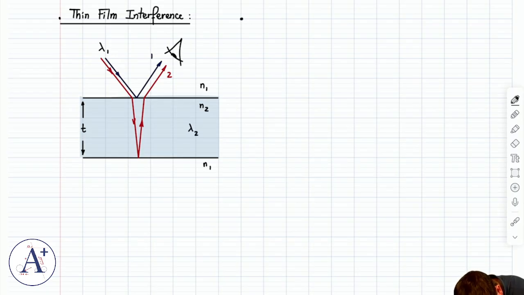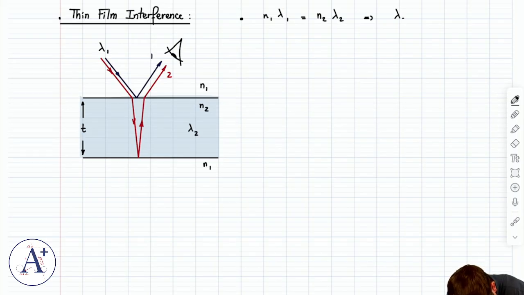Now, it's fundamentally important to remember that it is the wavelength in the film that we care about, not the wavelength in air. When we write our condition for constructive or destructive interference, the lambda that we put in that equation is lambda film. And we get lambda film from lambda 1 by writing n1 lambda 1 is n2 lambda 2.